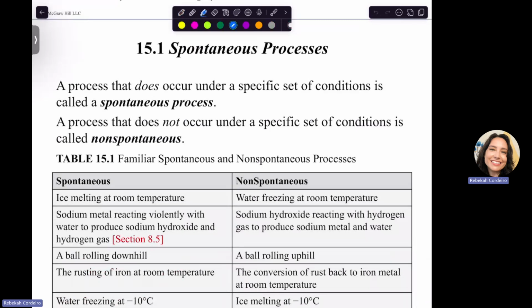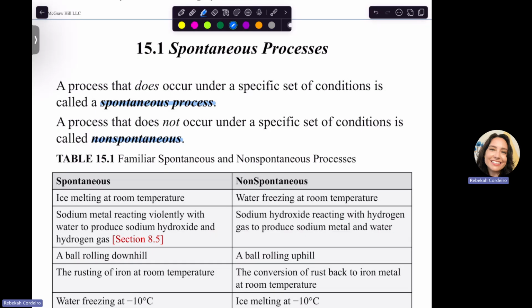So a spontaneous process is one that does occur in that set of conditions. And so if you see a chemical reaction and it is happening, that is the spontaneous process. A process that does not occur under a specific set of conditions is called non-spontaneous.